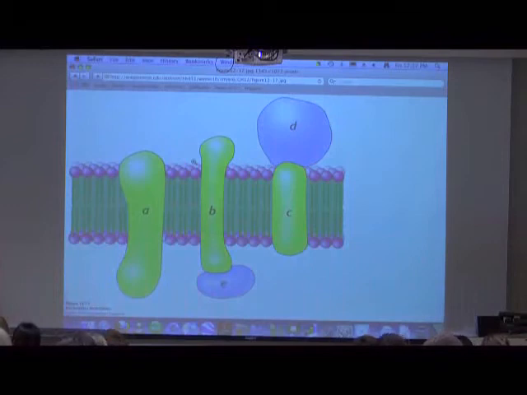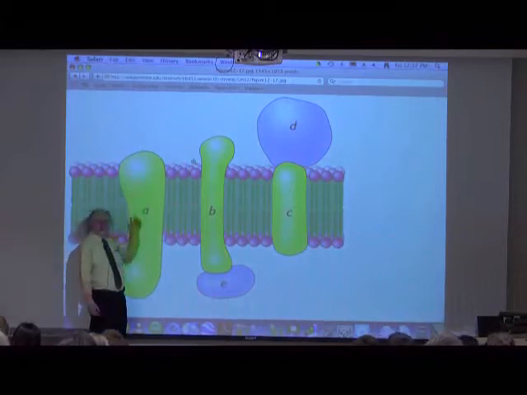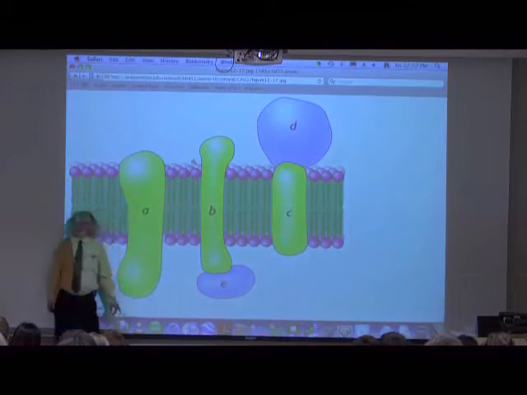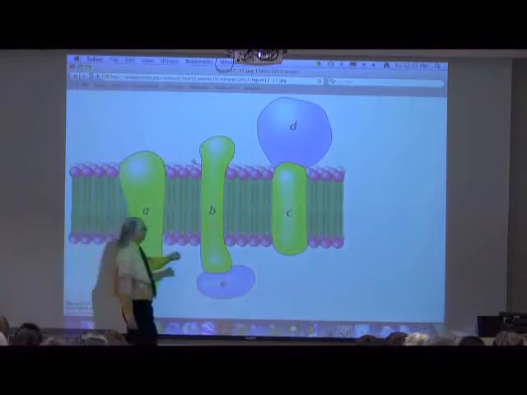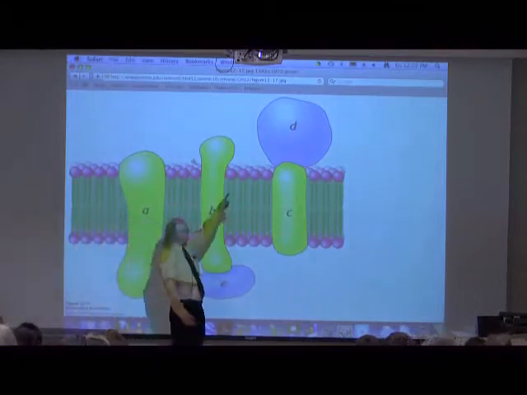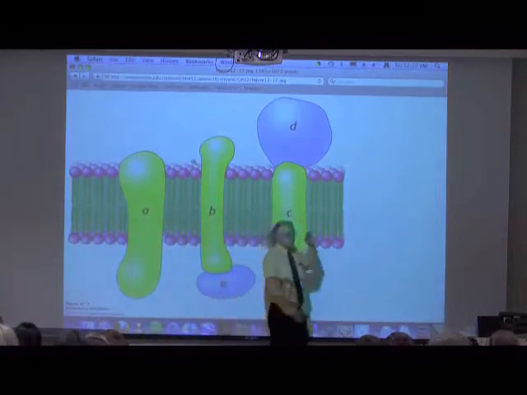Integral means that it has ends that project through both sides of the lipid bilayer. Okay? E and D, so we can see here we have integral, integral, integral.